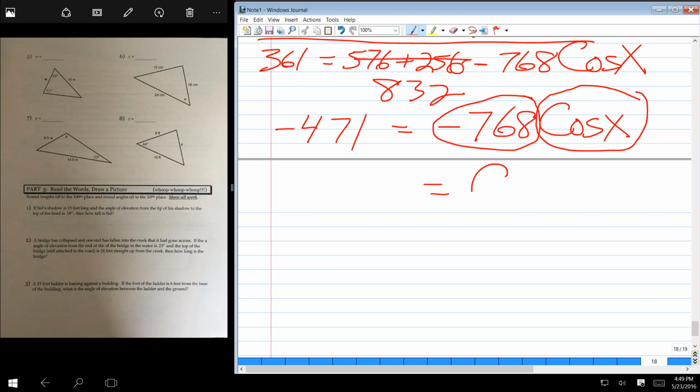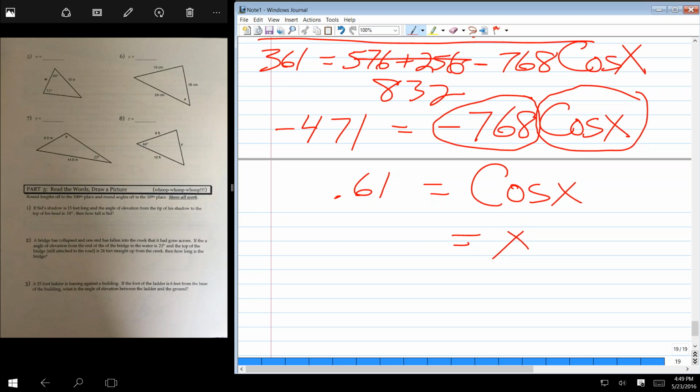So what do you get for cosine x? 0.61. Now how do you get x?